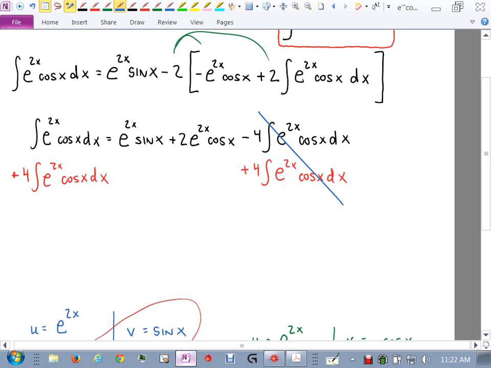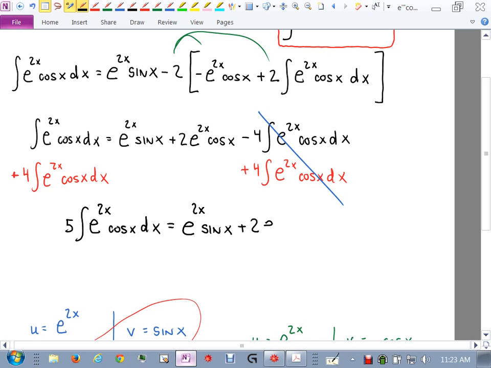On the left side, how many integrals do you have now? 5 of them. And the 5 is just a constant out in front of the integral. But notice on the right side, what do you not have anymore?